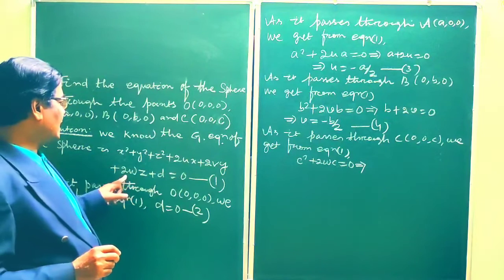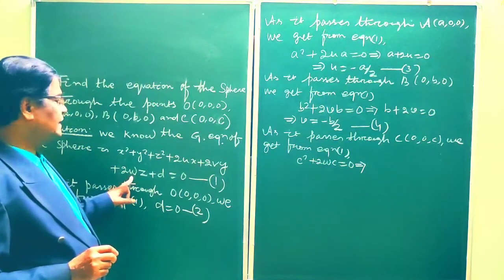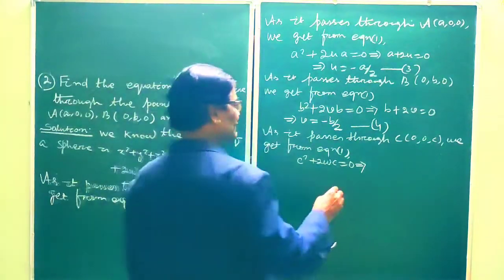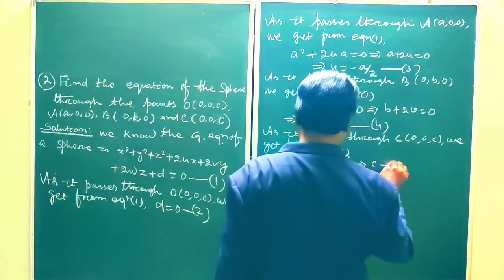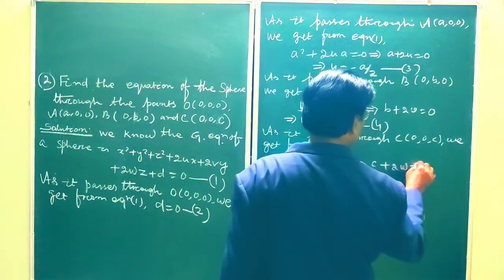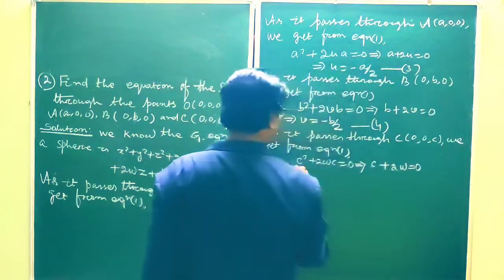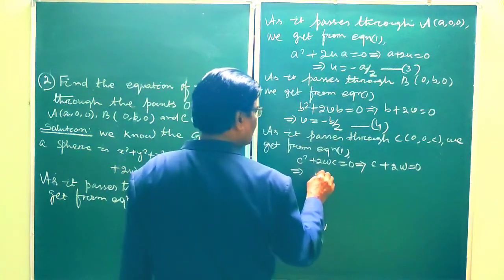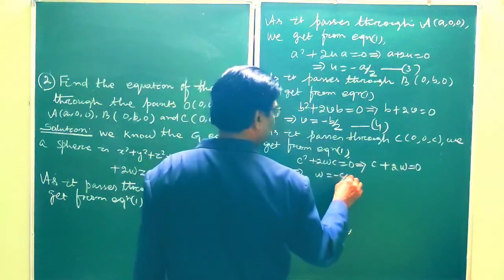So c square plus 2cw is equal to 0. Implies c plus 2w is equal to 0. This gives us w is equal to minus c by 2.